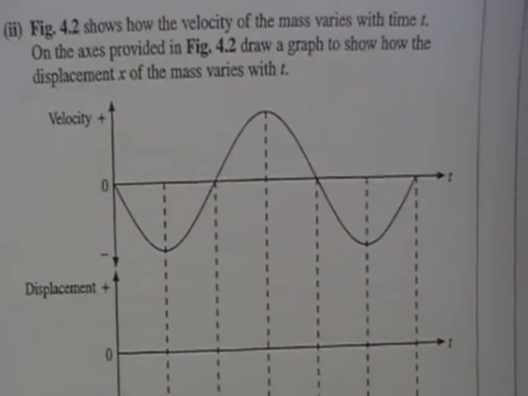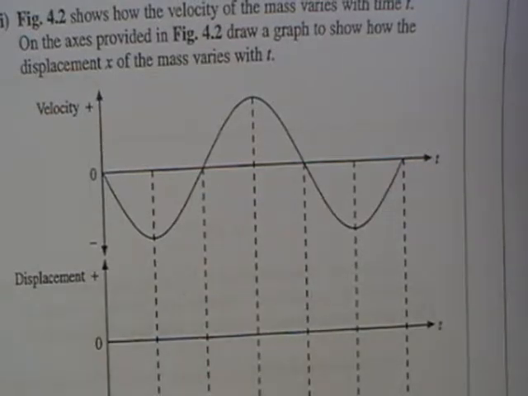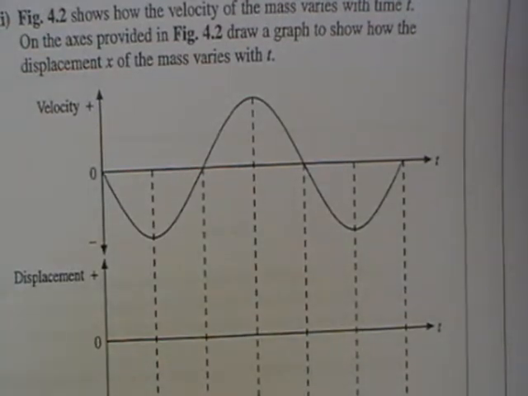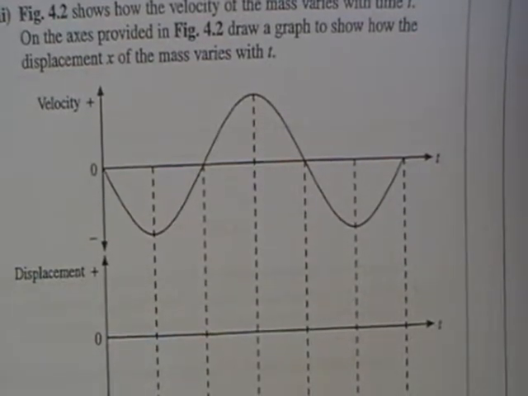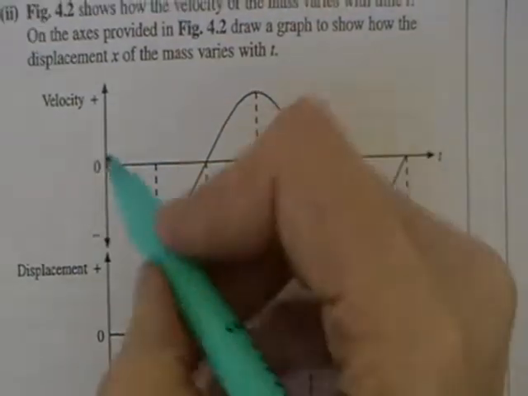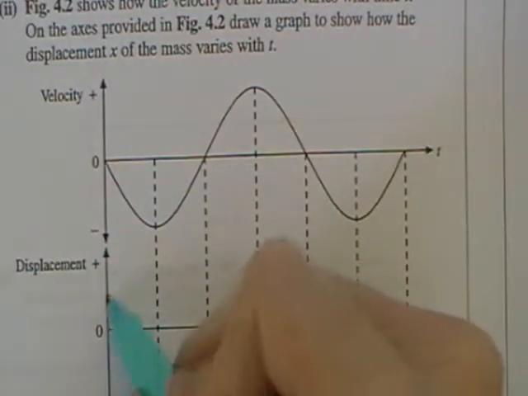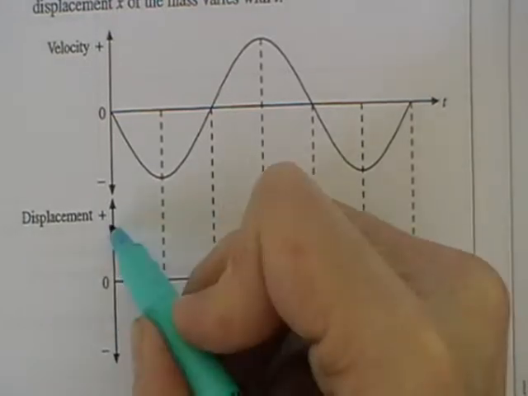Figure 4.2 shows how the velocity of the mass varies with time. On the axes provided, draw a graph to show how the displacement varies with t. Now this velocity graph is a minus sine graph. You know that whenever you take the gradient of a displacement-time graph, you get velocity. So here the velocity is equal to 0, and therefore you've got a flat part of the graph here. So this is some kind of cosine graph, but as yet you're maybe not sure whether it's positive or negative.